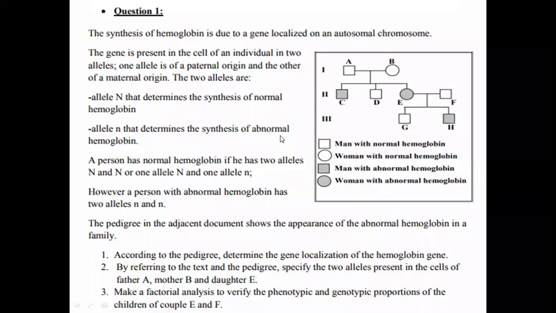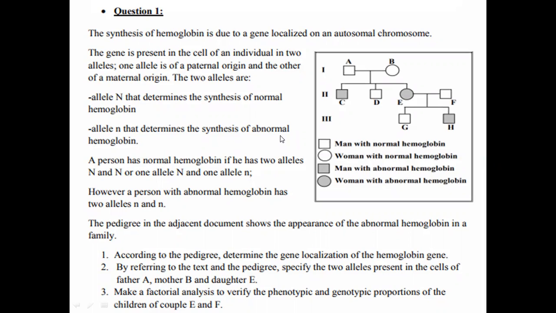Second, they gave you symbols. Now, mostly I tell my students, don't use the same letter, one capital, one small. And here in this question, they force you to use capital N and small n. I use to give other symbols. For example, the normal, give it capital N. But the affected, give it small d, small a, small h, but don't give it the same symbol.